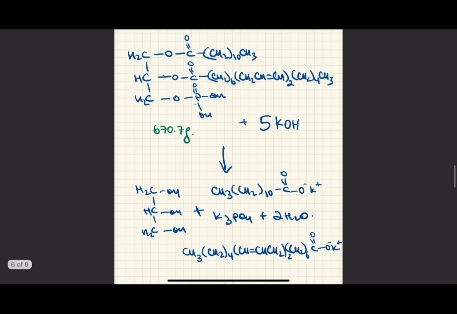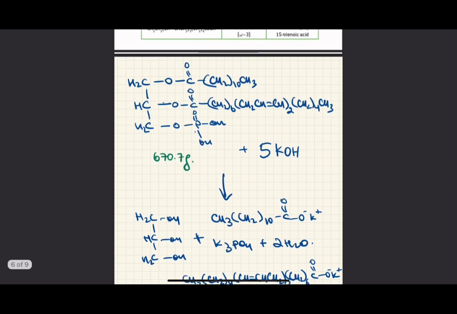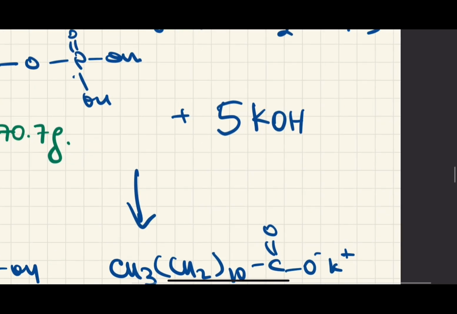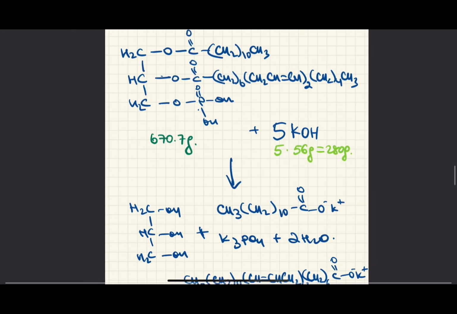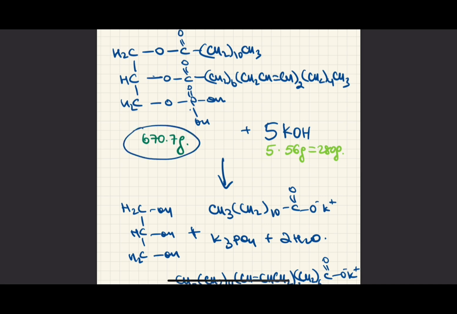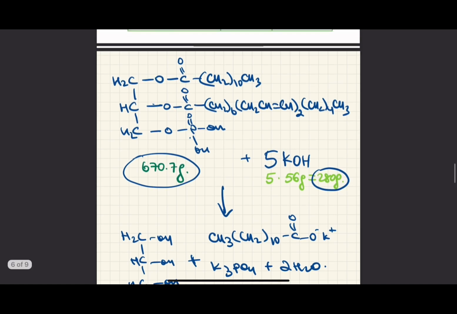That's what you have. Now, potassium hydroxide molar mass, if you check it out, is 56 gram per mole. Since you have 5 of them, it would be 56 times 5, which is 280 gram. Now, we know that 670.7 gram of mixed phospholipid requires 280 grams of potassium hydroxide.